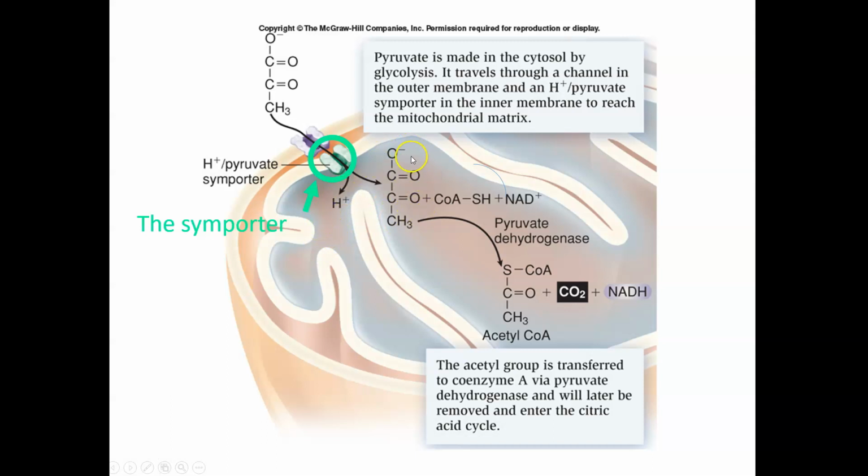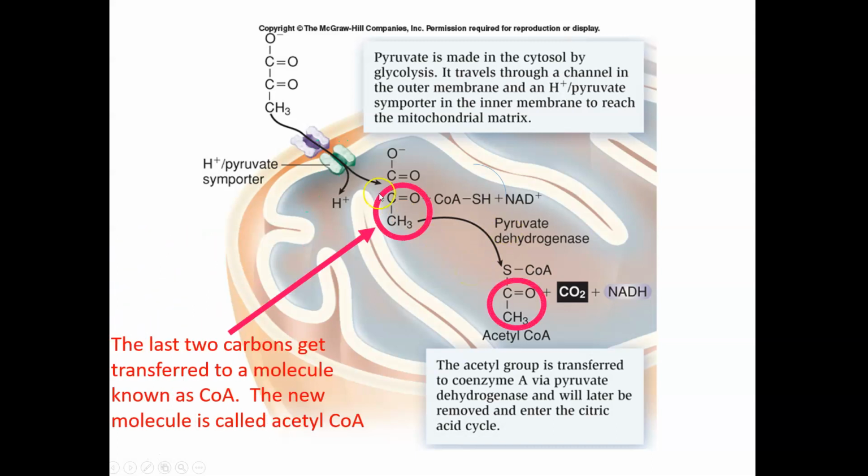So now we've got our pyruvate in the mitochondria itself, and coenzyme A, as well as this sulfhydryl group, is going to get attached on to the pyruvate. So you can see that is happening here. This was again our initial molecule, and now we've added on the sulfhydryl group and the coenzyme A. But what have we lost? You'll notice that we've lost a CO2 molecule.